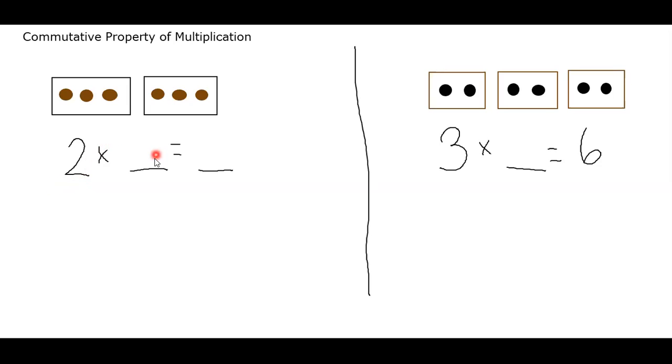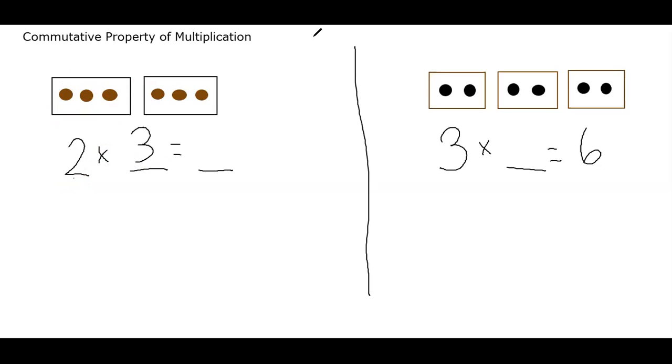My other factor is how many are in each group. If I look at the first group, I have 1, 2, 3 counters or 3 circles. My next group also has 3 circles or 3 dots. So that's telling me that my factor that's missing is a 3.